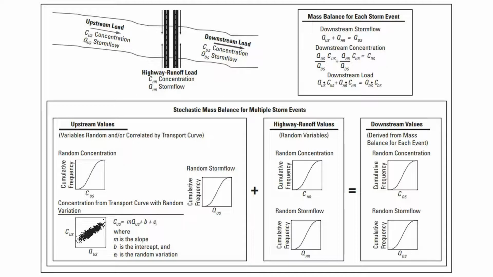It simulates rainfall and runoff events and the contributions from an upstream basin or stream that come in from the left, combined with the runoff from a highway or any impervious surface that then intersects with the stream, and you combine those to calculate downstream either loads or concentrations, dilution factors.